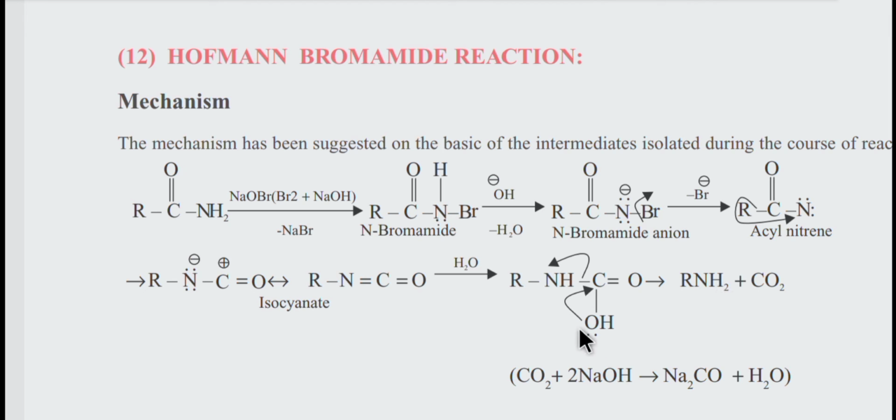Like what I discussed before, that is RNH-C double bond O and OH. Here the lone pair will shift and produce a double bond, so the bond between nitrogen and carbon will break, and this proton will shift from here to the nitrogen. It will produce RNH2 like this and O double bond C double bond O, the carbon dioxide structure.